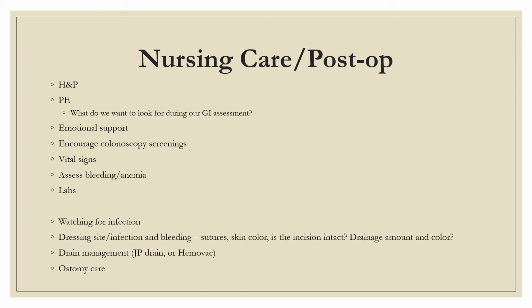Ascites is a big one. Assess for any anemia. Make sure to look at the labs, look at the H&H. And especially if we're talking about post-op care, we want to watch for infection, right? Any issues with bleeding or hemorrhage. How does the incision look? How do the sutures look? How's the site? How's the dressing?